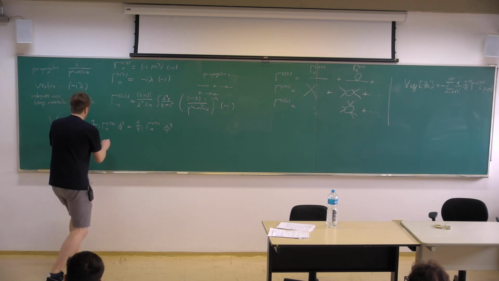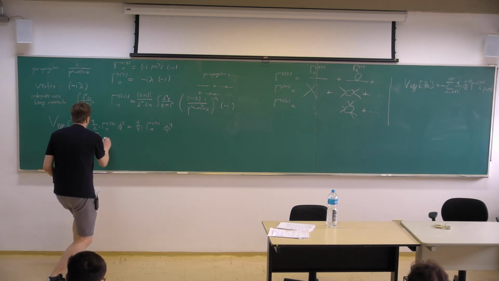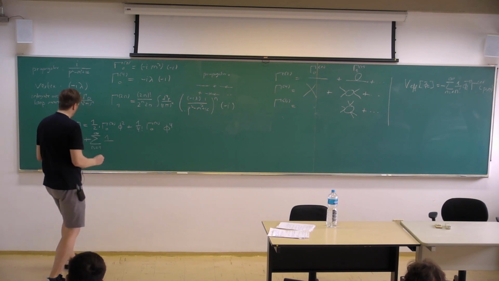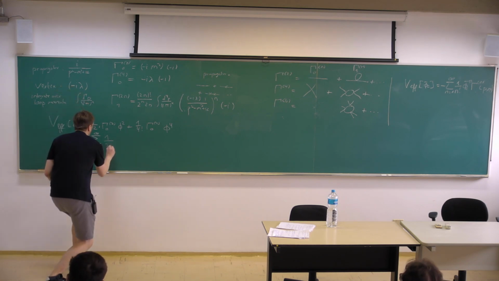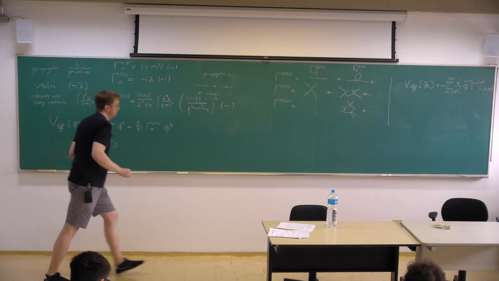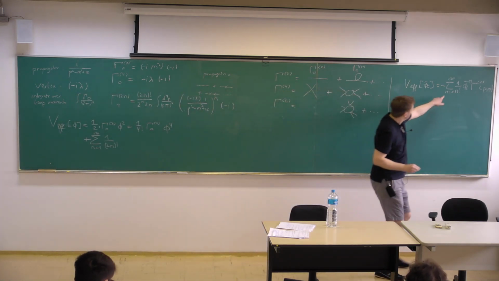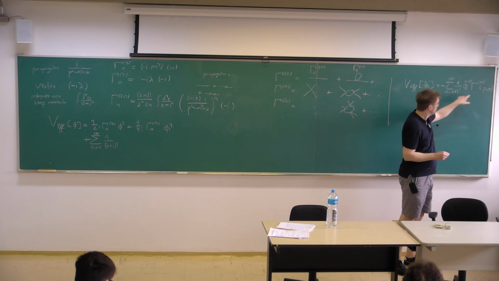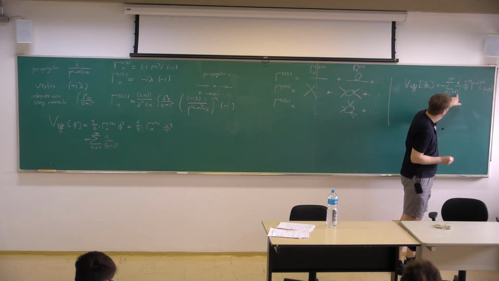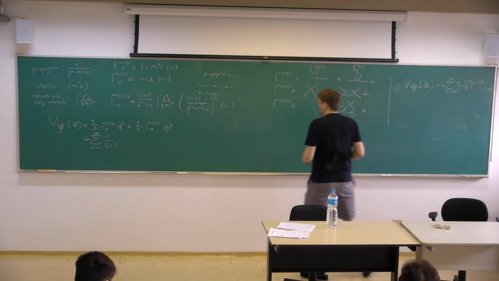Now I'm labeling n again as the number of vertices. Each vertex comes with 2 outer particles, so I now have a 1 over 2n factorial in the denominator. I'm replacing n here by n over 2, right? So I have 1 over 2n factorial here, phi to the 2n, and then gamma 2n.